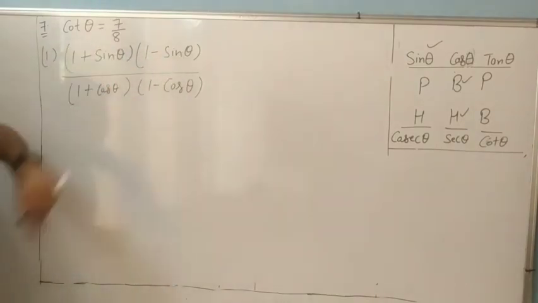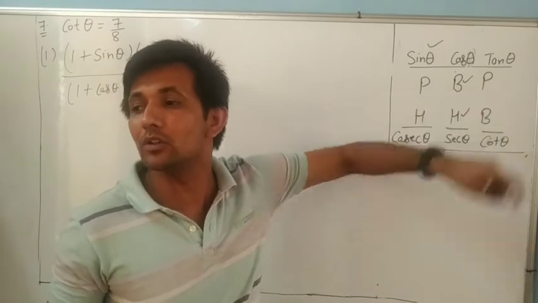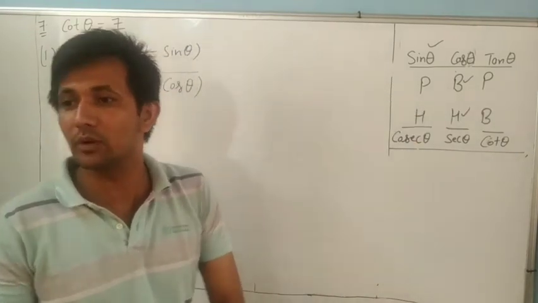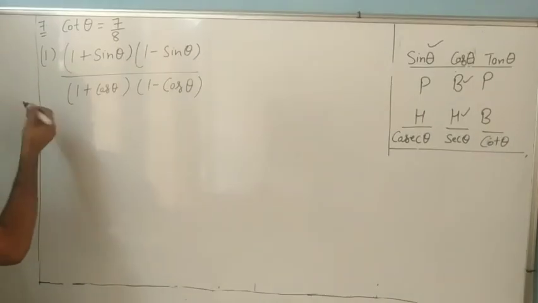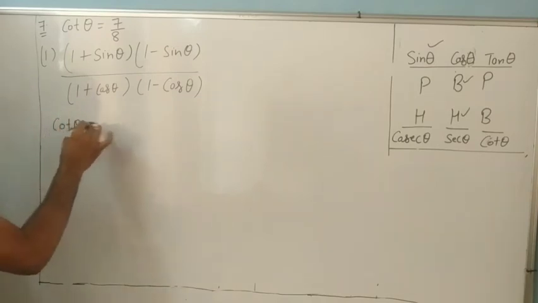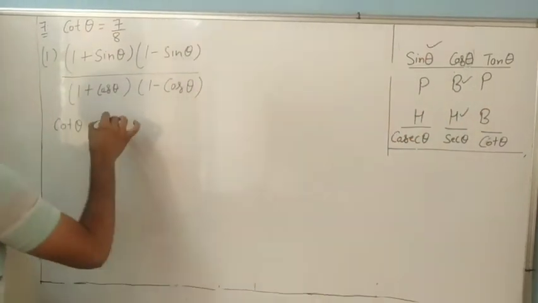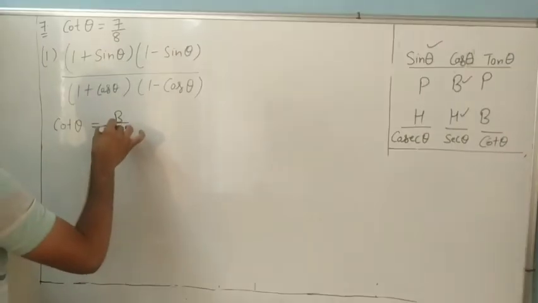It is cot theta. Cot theta, everyone knows what it is: base divided by perpendicular. So we have to find the hypotenuse. We will write cot theta is always base upon perpendicular.